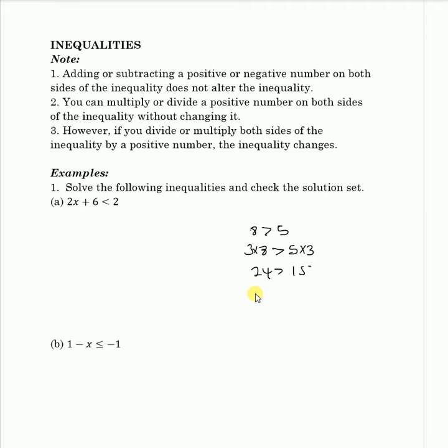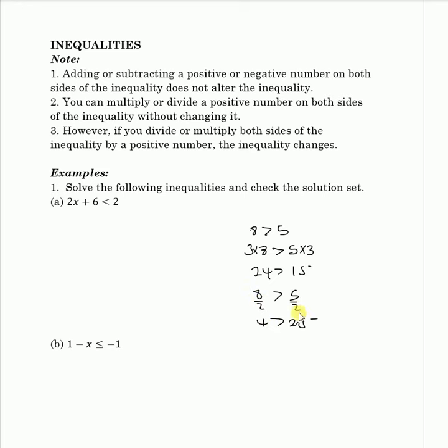Let us divide by 2. 8 is greater than 5. Divide by 2. Divide by 2. This one is 4 greater than 2.5. It is still holding. So dividing by a positive will render the inequality unchanged. So here we multiplied through by 3 and nothing changed.